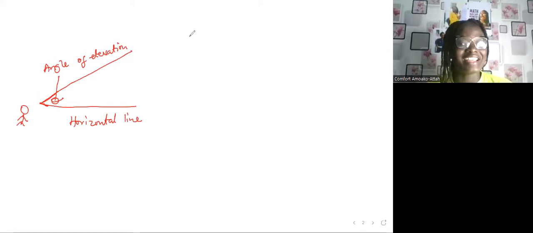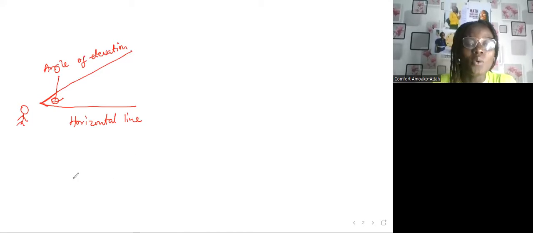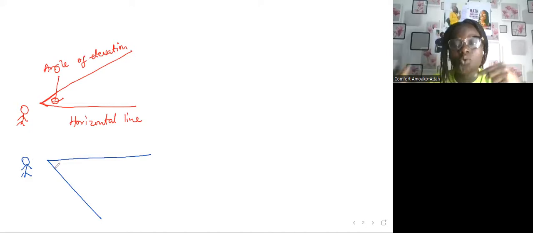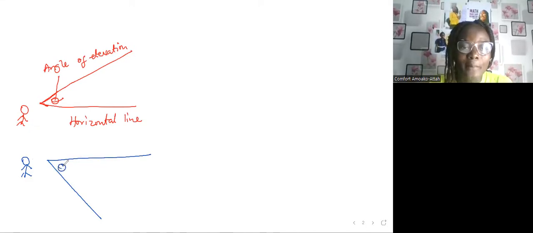Good. Again, now let's make it gender balanced. When Kofi is at the top and looks down, so this is Kofi, and he looks down. Okay, he brings his eye level down, and an angle will be formed. And so this angle forming over here is called the angle of depression.